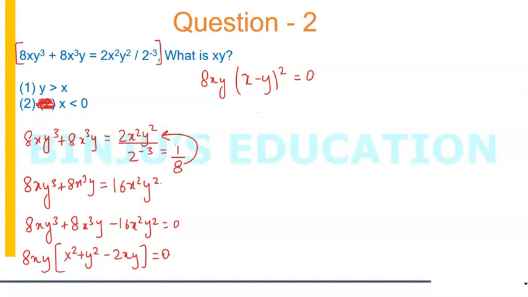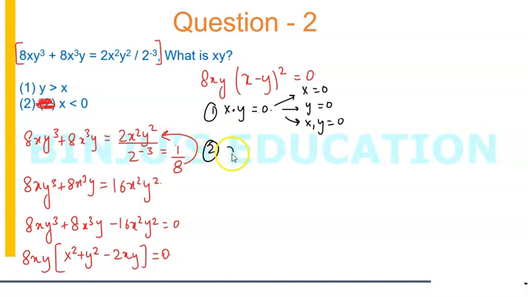So this is going to give us a lot of conclusions. So one is x into y is equal to 0. So in that case you can either have x is equal to 0 or y is equal to 0 or both of them equal to 0. Or we can have x minus y equal to 0, which basically tells us x is equal to y.